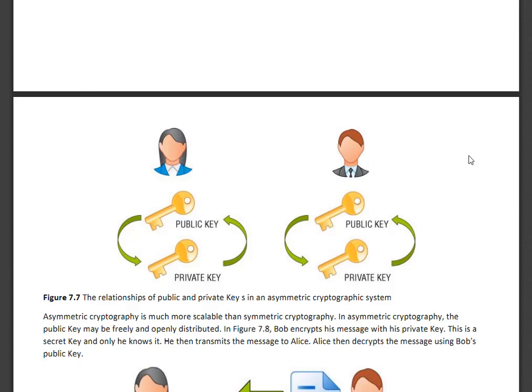Proof of origin, non-repudiation. That is what that represents. It does not indicate confidentiality because anyone with the public key can decrypt it.